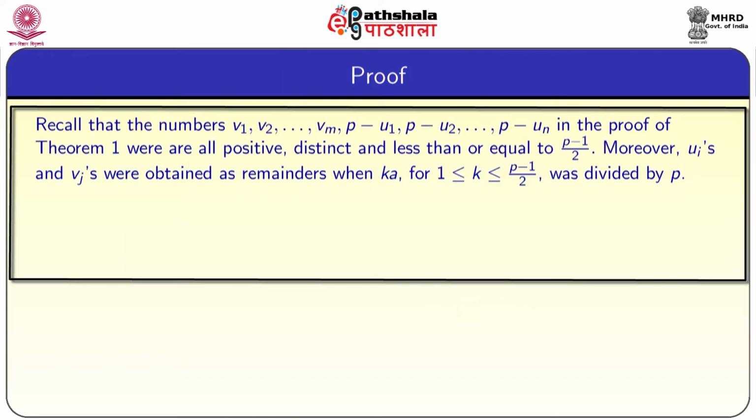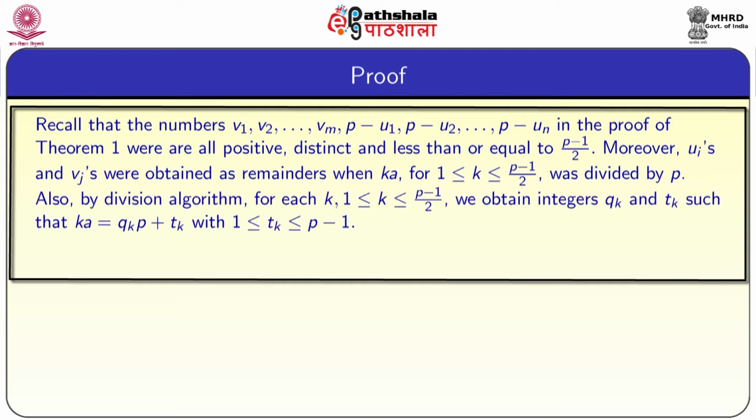So, recall the numbers v1, v2 and so on vm, p-u1, p-u2 and so on p-un. In the proof of Gauss lemma we showed that they are all positive, distinct and less than or equal to (p-1)/2. Moreover, we saw that the u_i's and v_j's are obtained as remainders when ka for 1 less than or equal to k less than or equal to (p-1)/2 is divided by p.